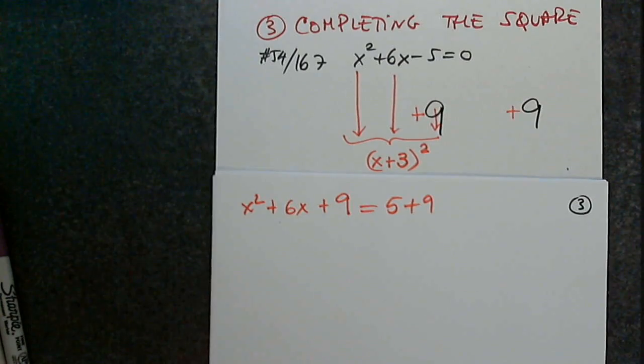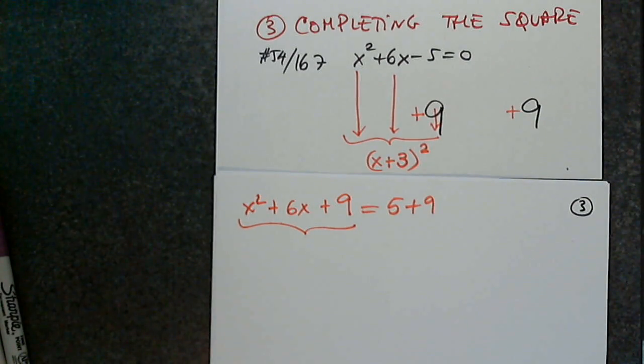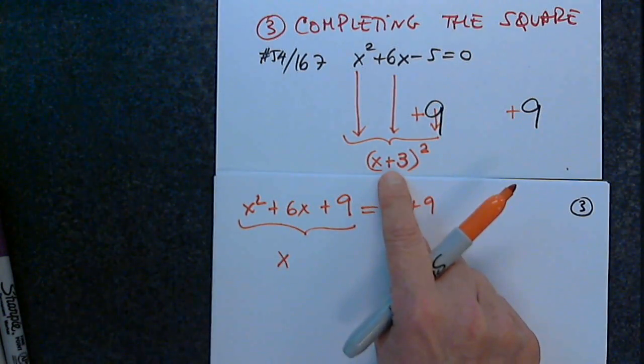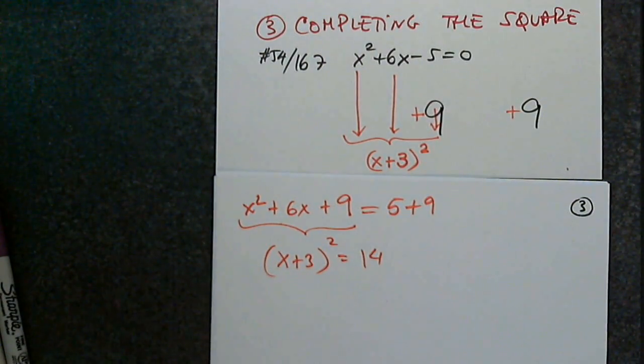Okay. Very good. So now the left-hand side is a perfect square, which is, one more time, x plus 3, everything squared. The right-hand side is 14.